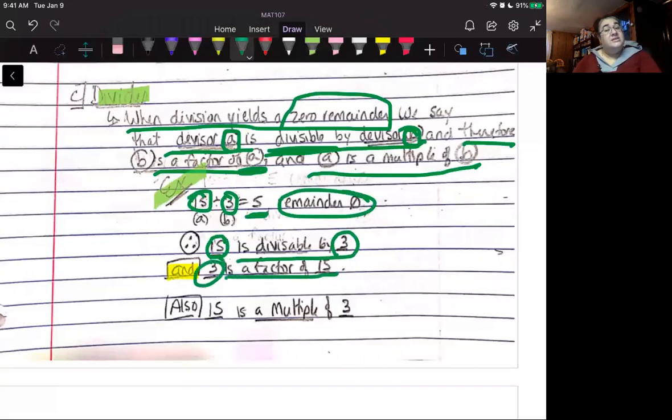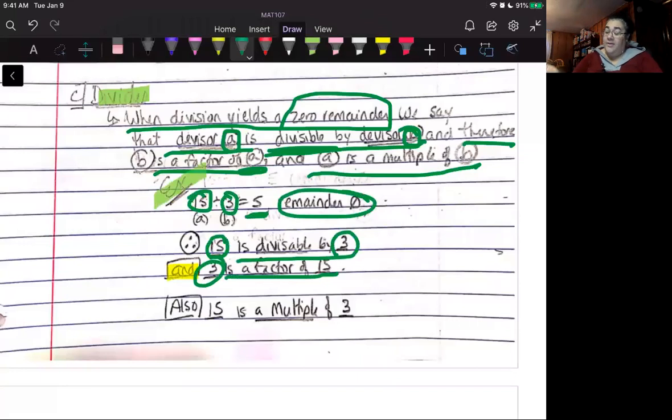Just as when we talk about the factors of a number being the two numbers that we multiply together to give us that composite number, also, if a number divides evenly into that composite number, like when we're doing our prime factorizations, and there is a remainder of 0, then that number is also a factor.